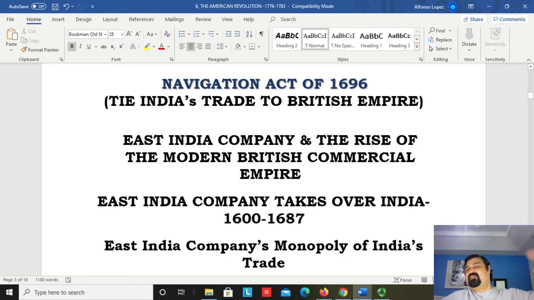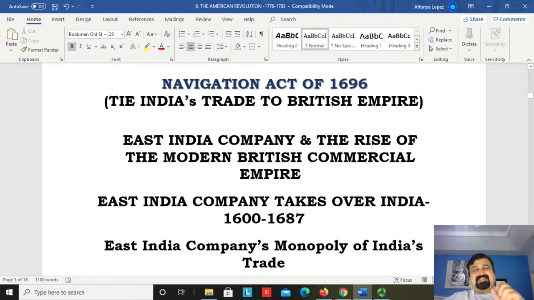So this is not to say that the American colonies are not important, but they are so concerned about trying to gain a firm grip of the Asian market, of this Asian trade, the spice trade particularly, making sure that the flow of goods from India is going to be coming directly to Great Britain, to the British.